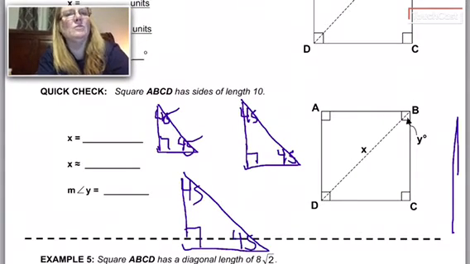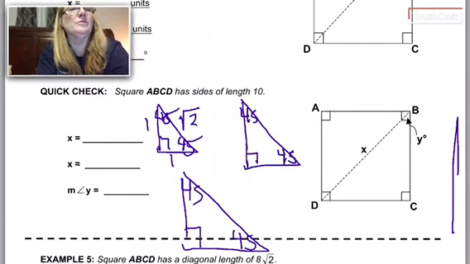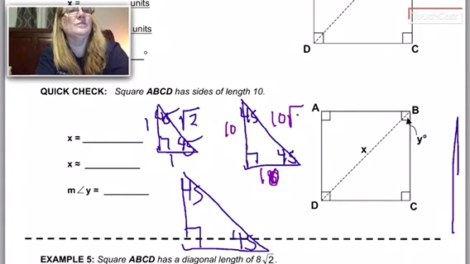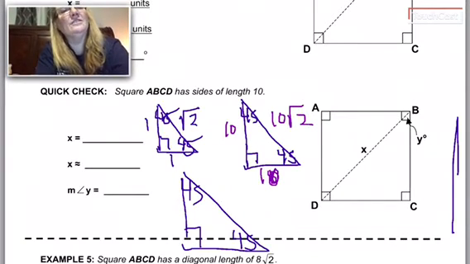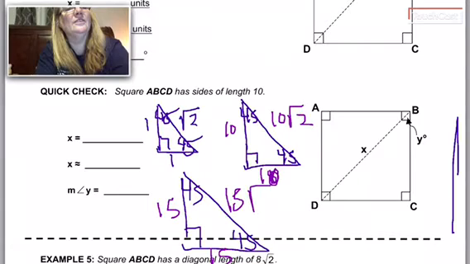The first one we saw, we said that this was 1 and this was 1 and this was the square root of 2. Try a different color. How about this one? This was 10 and this was 10 and this was 10 times the square root of 2. So let's see, if I tell you this is 15 and this is 15, what do you think this will be? 15 times the square root of 2.